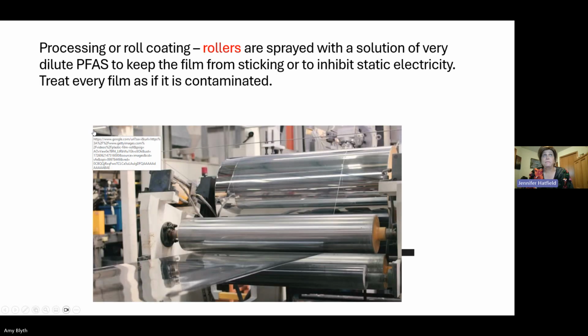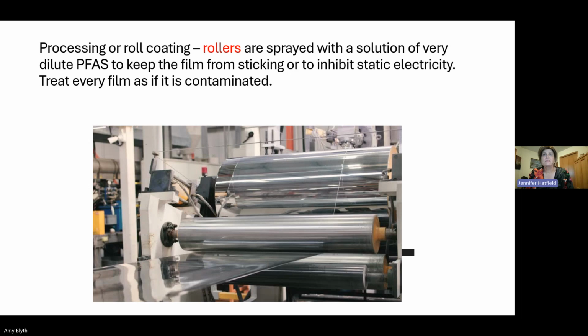Do I have a next slide? Oh, there we go. This is an example of a roll coater. What happens is that steel roll there, the largest one, the first one, they'll put a little bit of glue underneath, and then that plastic runs by and they put glue on it. However, the bottom side is coated with PFAS to keep it from sticking. So that's a coating operation.